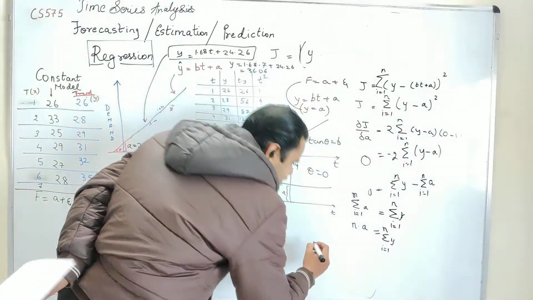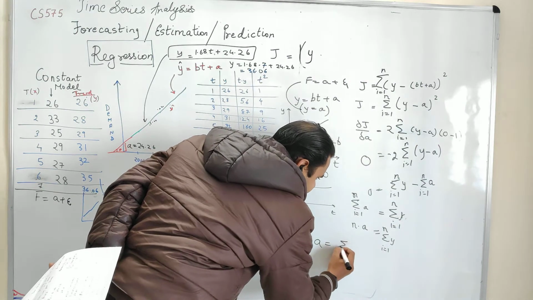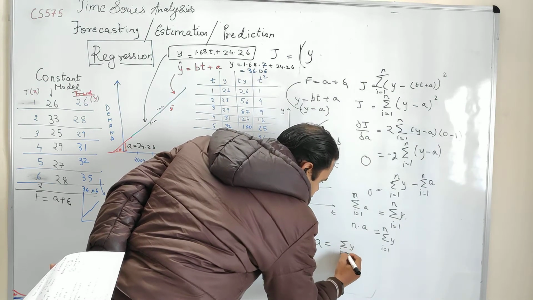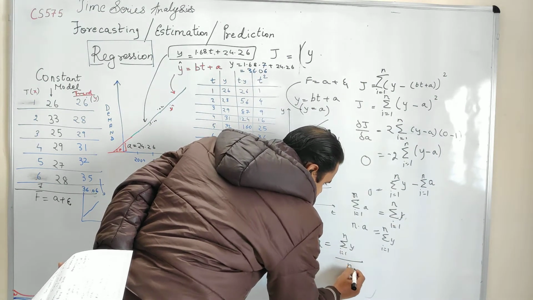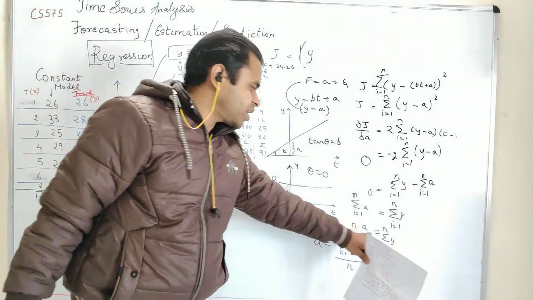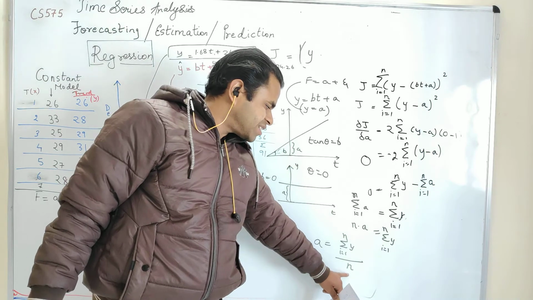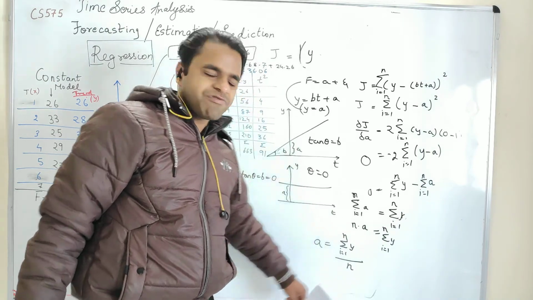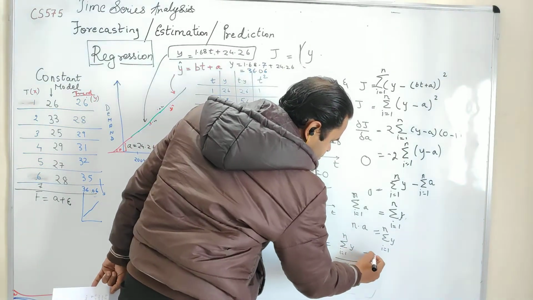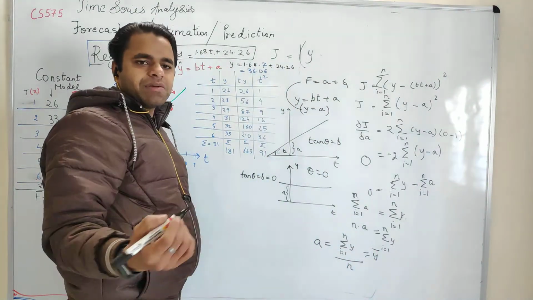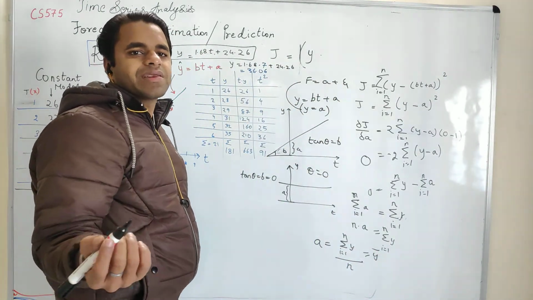So what is the value of a here? A is minimized when a equals the summation of y divided by n. The summation of all the y points divided by n, the total number of points, is nothing but y bar, which is a simple mean.